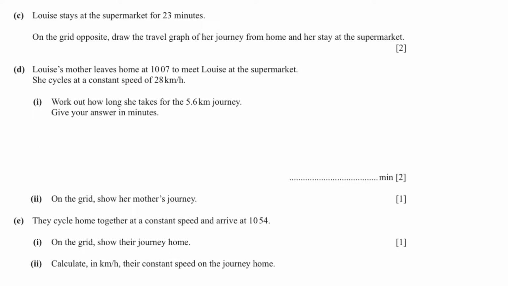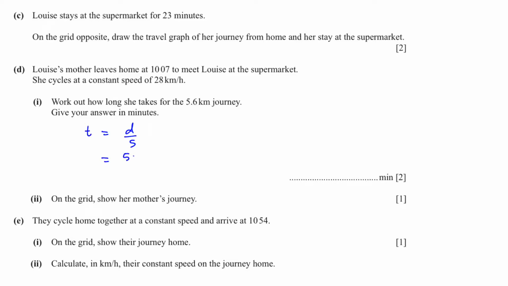Louis's mother leaves home at 10:07 to meet Louis at the supermarket. She cycles at a constant speed of 28 km per hour. Work out how long she takes for the 5.6 km journey. Give your answer in minutes. To find time, we use the formula distance over speed.